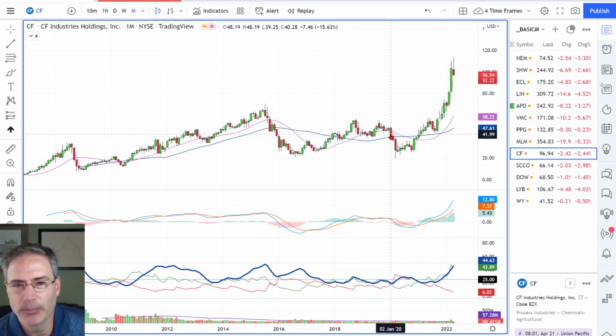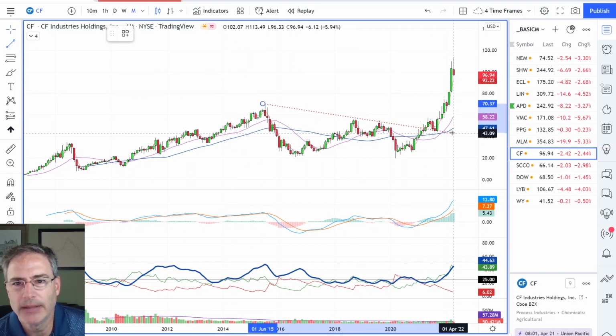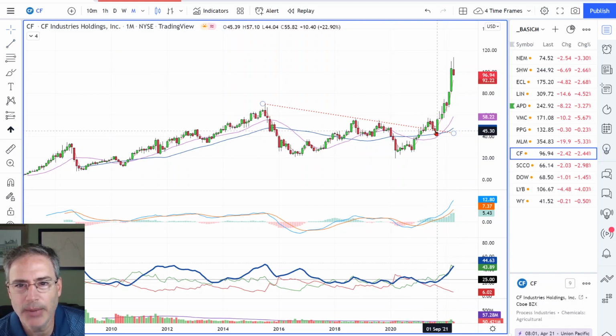Because we had the breakout play. You could draw in your trend line here and see that it broke out, came back and tested the trend line, then it had a really nice green bar to the upside and basically just took off and has never come back and tested the 18 months since that time.